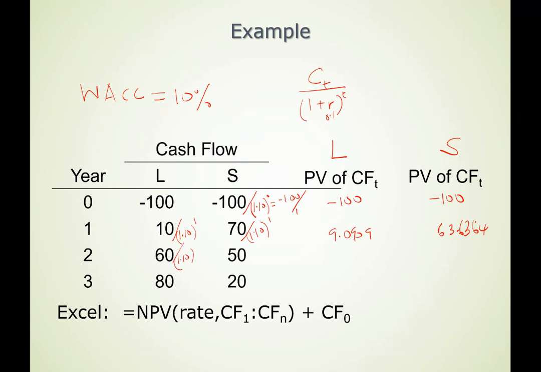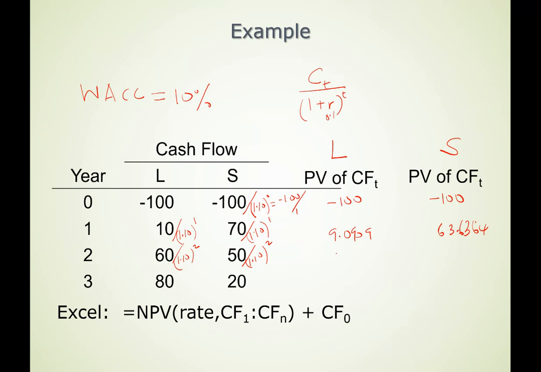For the next cash flows, the only thing that is changing here is t, and our t is now 2 because this is to be received in the second year. Again, it is the same thing. Our t is 2, and 1.1 raised to 2 is 1.21. So you have 60 divided by 1.21.